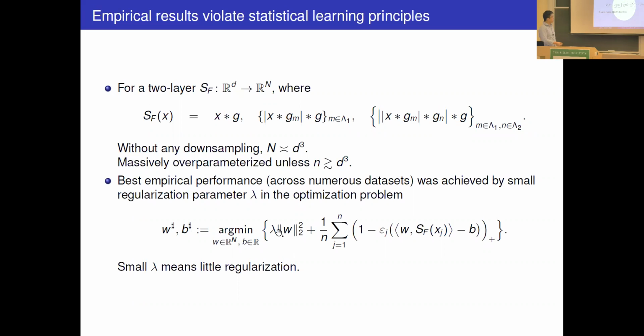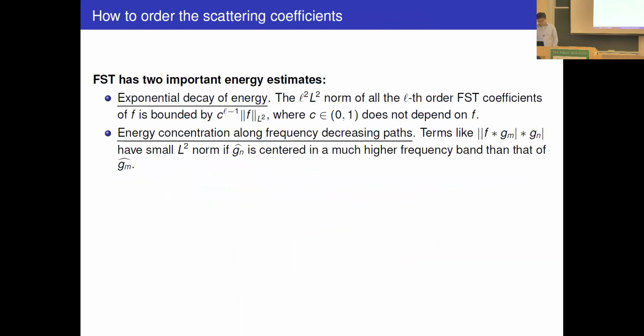It's because lambda quantifies the trade-off between the norm of W, so lambda is like a regularization parameter, versus how well I fit the training data. So if lambda is very small, then it's telling me I should just focus on fitting the training data perfectly. I don't need any regularization. And that's, again, very surprising. We should expect poor generalization if this is what we do.